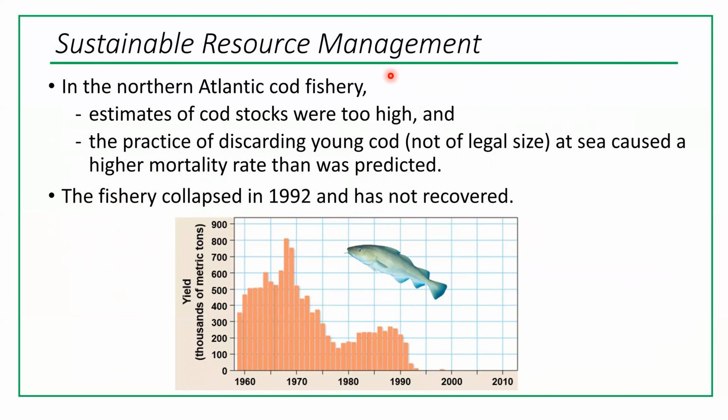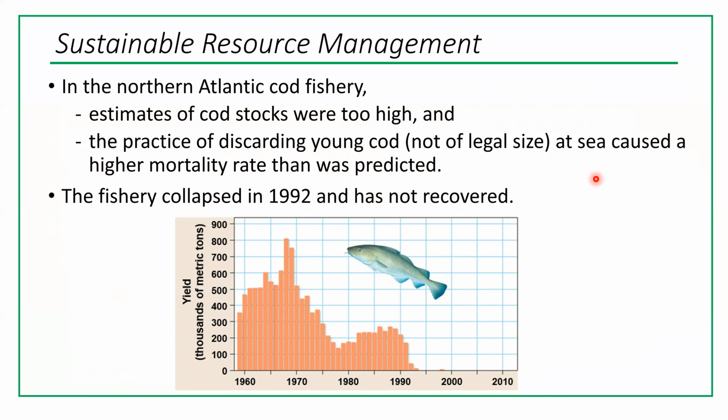So here's the example of the Northern Atlantic cod fishery. You can see that we had thousands of metric tons of fish, and it was not estimated correctly. And what happened is that we harvested it so much that it pretty much disappeared.